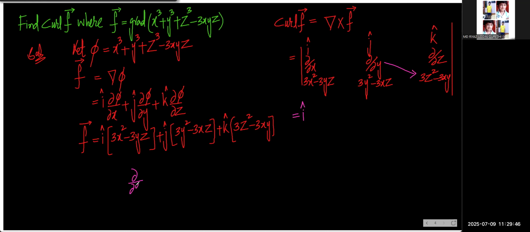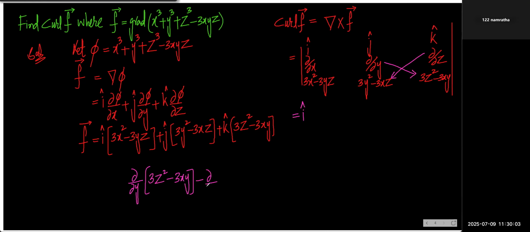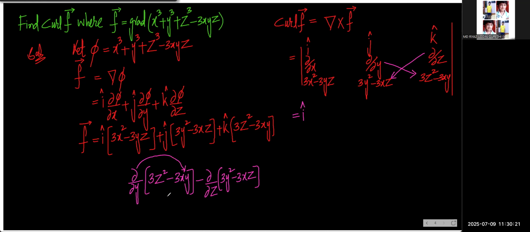Dou by dou y of 3x square minus 3xy, and this one with respect to z is dou by dou z of 3y square minus 3x. Okay, what is the answer we are getting? Tell me. With respect to y means here we don't have any y. Forget about it. This arrow will go to this y only.